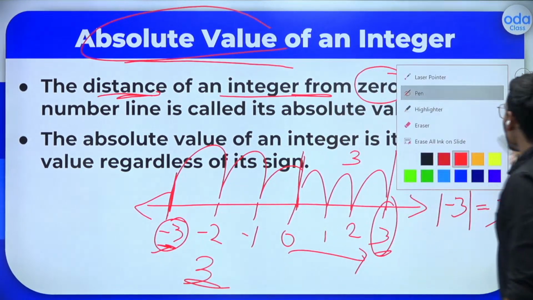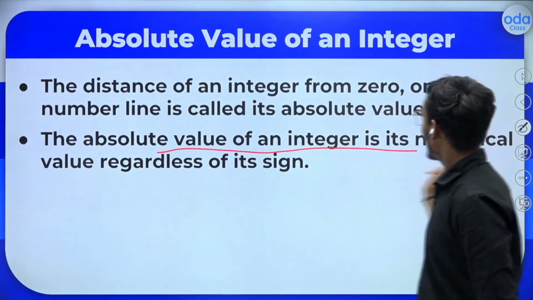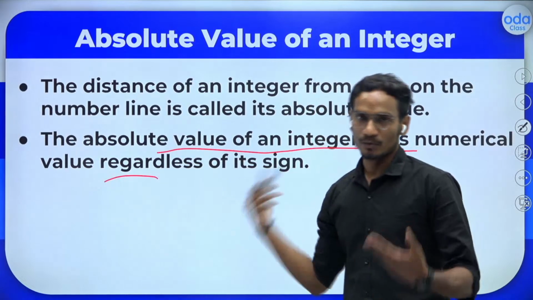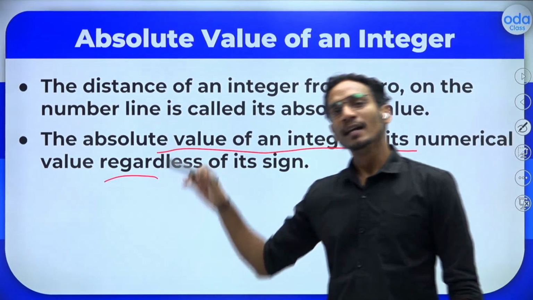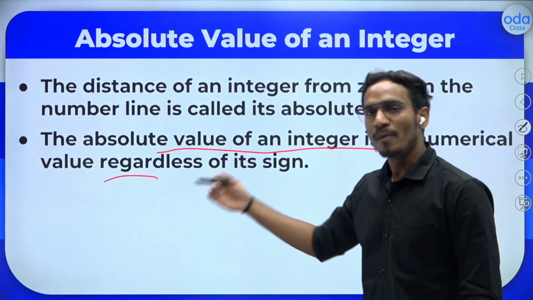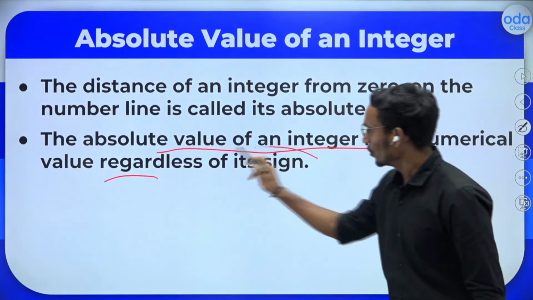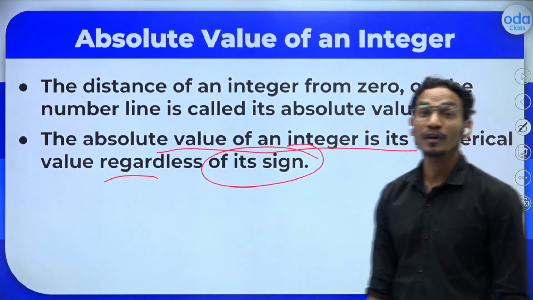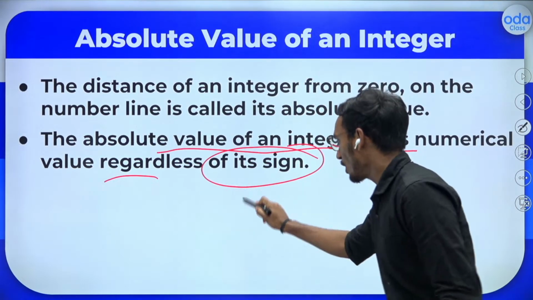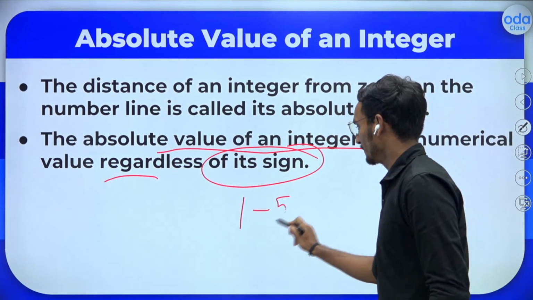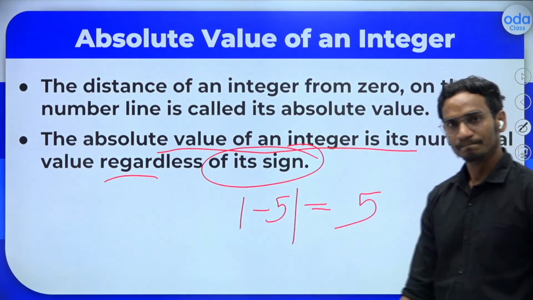And the extra thing that you have to know is that the absolute value of an integer is its numerical value. If you want to find out the absolute value of any integer, it's simply the numerical value of that number. And we don't have to care for its sign. Forget the sign. Okay, so let's talk about the absolute value of -5. It will be what? 5.